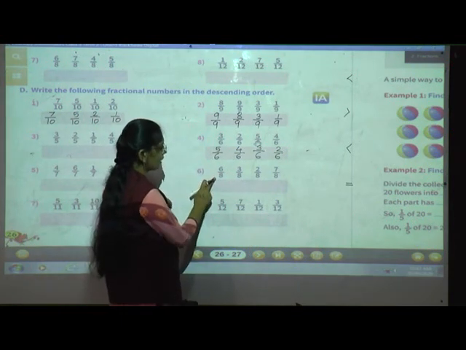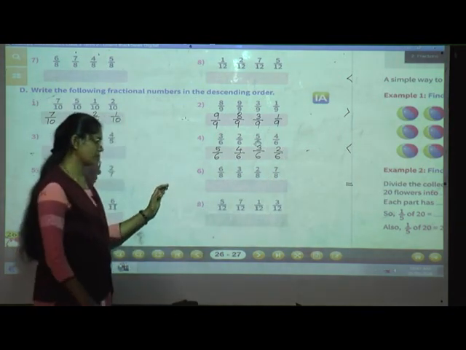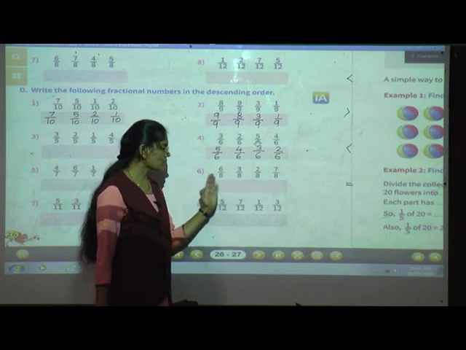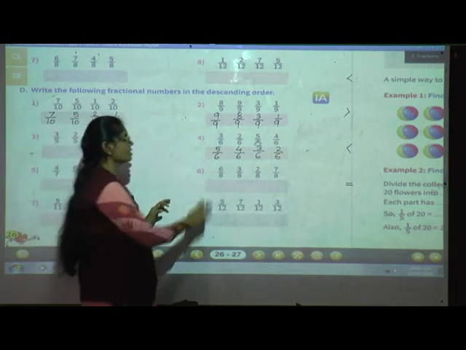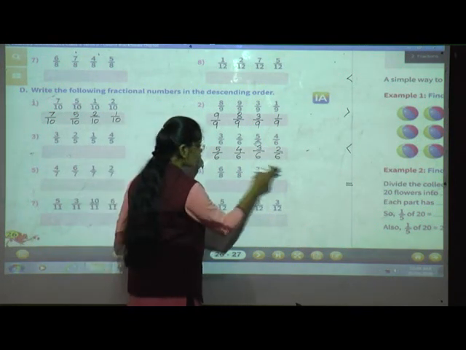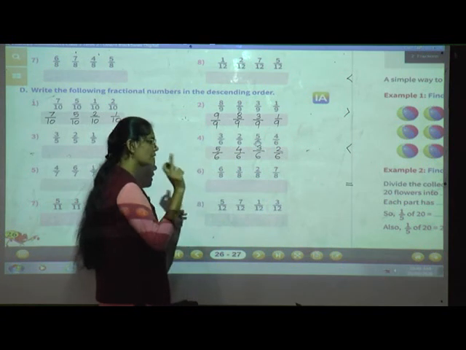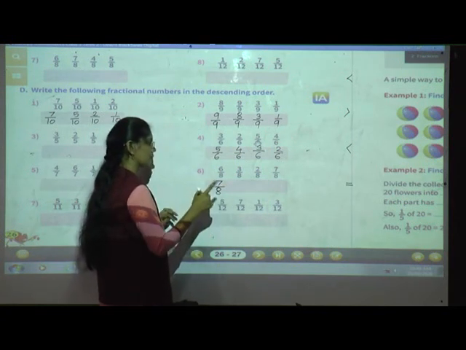Here 6 by 8, 3 by 8, 2 by 8 and 7 by 8. Now see carefully all the fractions. Among all the fractions, which fraction is greater? Yes, see, now you have to see only numerator. 6, 3, 2, 7. Among all these 4 numbers, 7 is greater. Okay, so we'll write here 7 by 8.